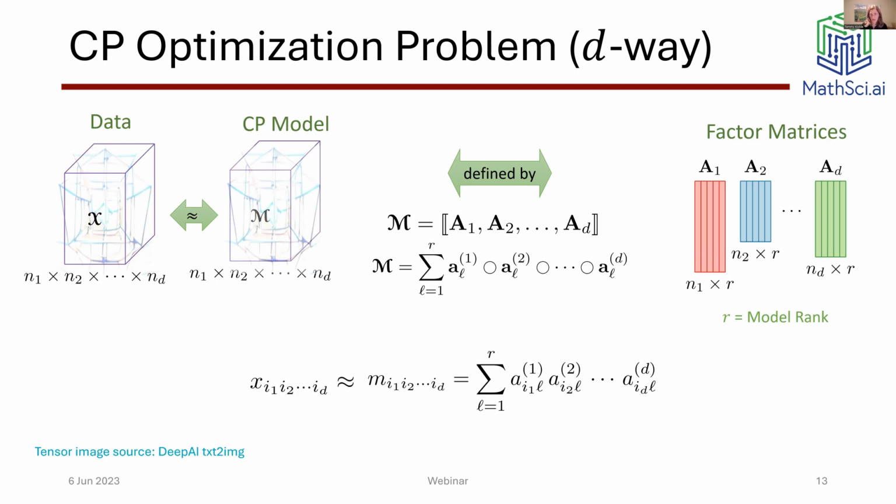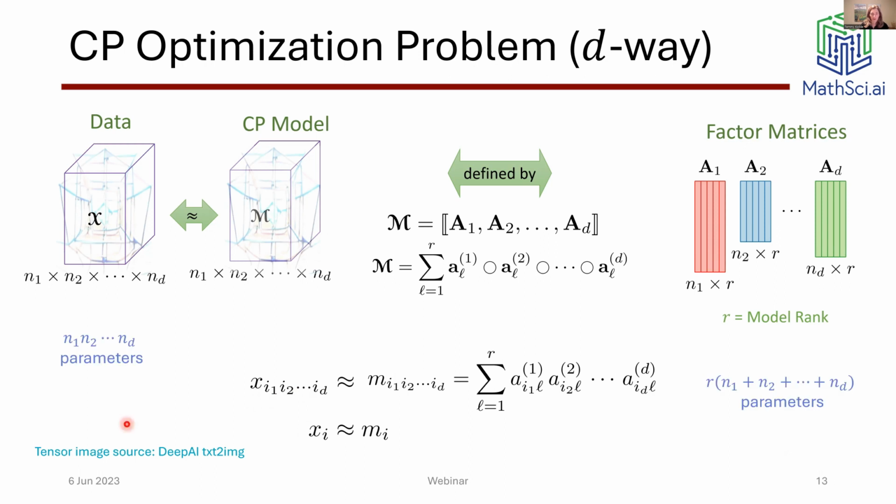And then as before, we want X to be approximately equal to our model tensor M. Now we'll use a little bit of shorthand because there are a lot of subscripts here, I1, I2, through ID. So instead we'll use this shorthand that X sub I is equal to M sub I, where this I means I1, I2, all the way up through ID. And then again, we have this reduction in the data.